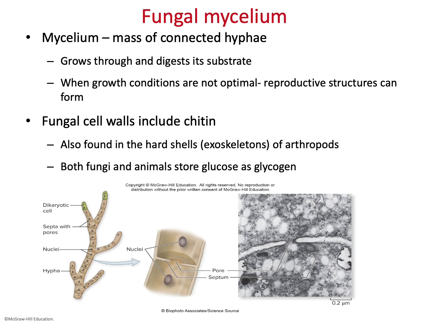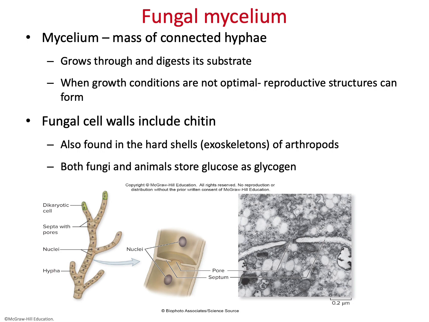Mycelia can be huge, and therefore have a high surface area to volume ratio, so absorption of nutrients is very effective. When the surface area to volume ratio is higher, that means they are very effective at absorbing nutrients.